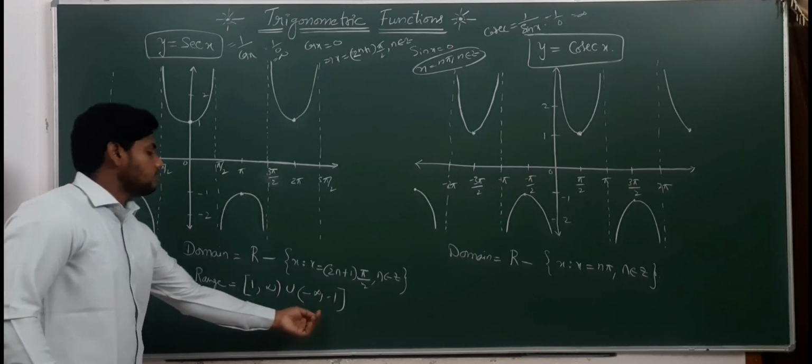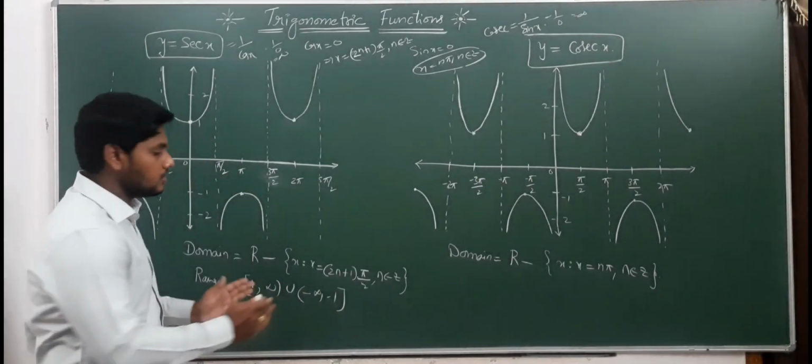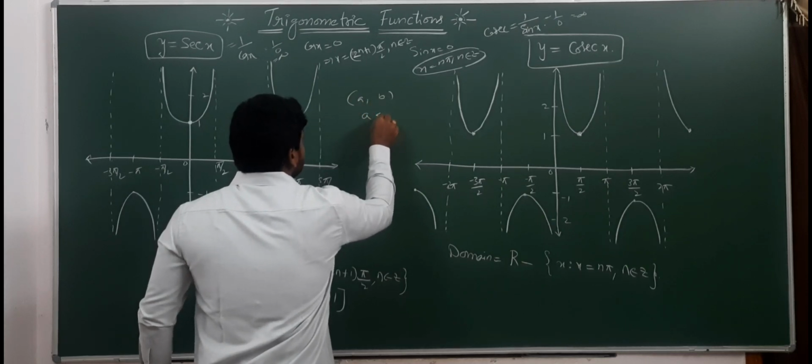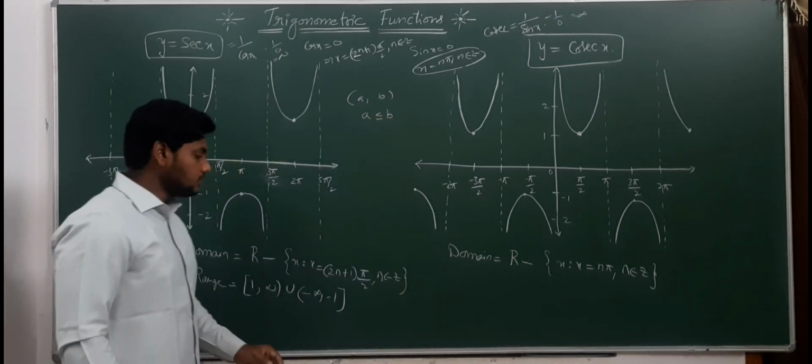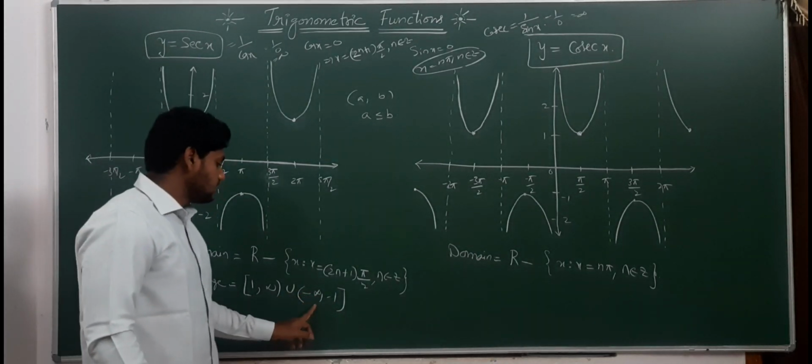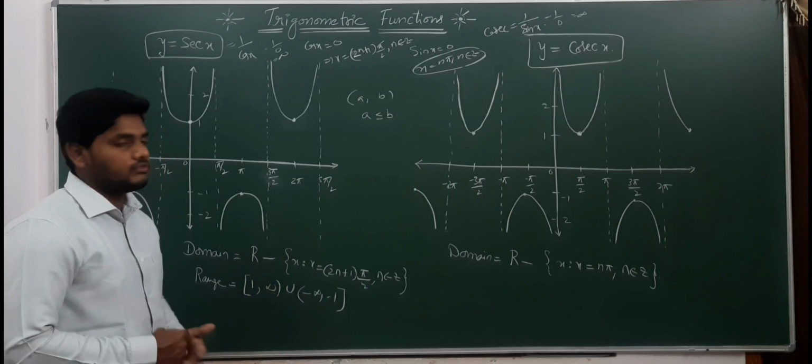We should not write minus 1 to minus infinity, because when we write an interval a comma b, a should always be less than or equal to b. Here minus infinity is less than minus 1, so we write minus infinity to minus 1.